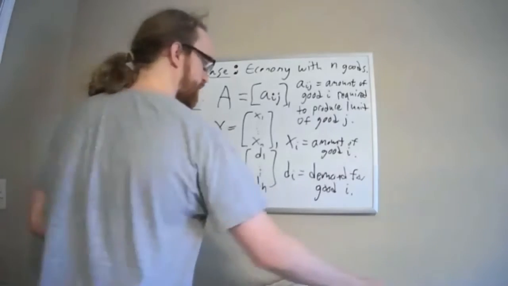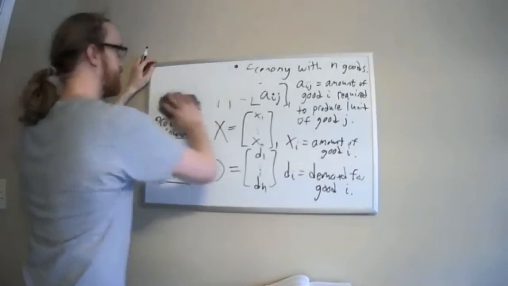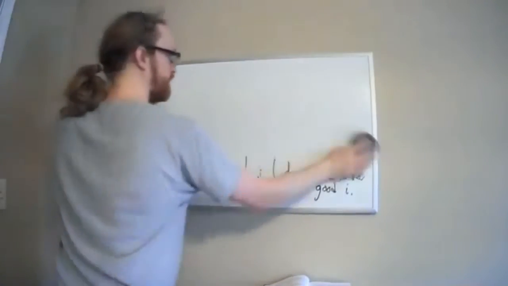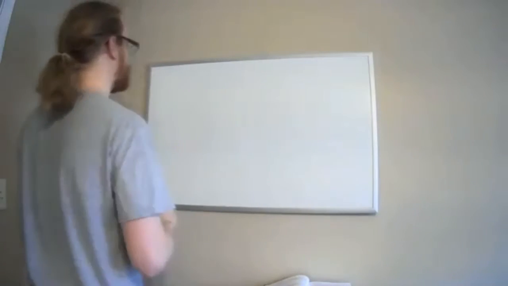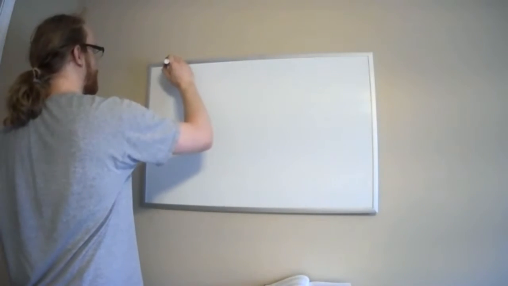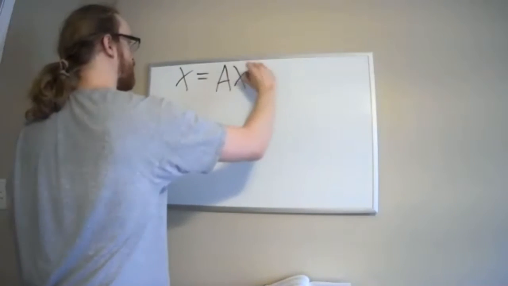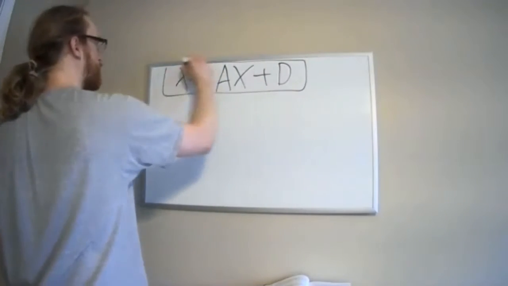And so to finish off our summary here of what to do, let me write down those formulas again. The formula is X equals AX plus D. This is our main formula where everything else is based off of.